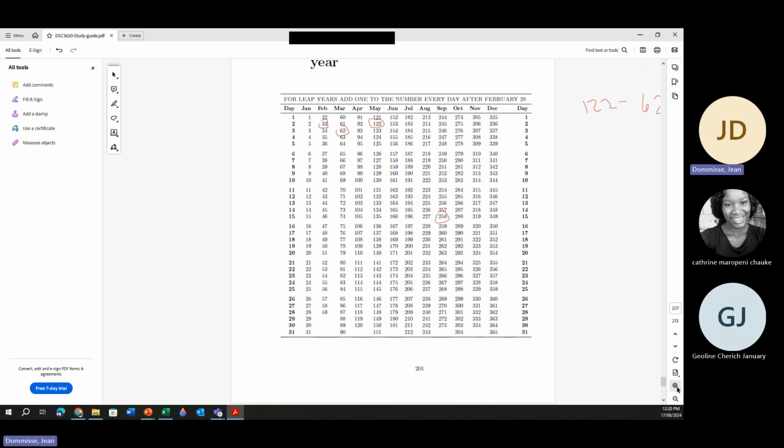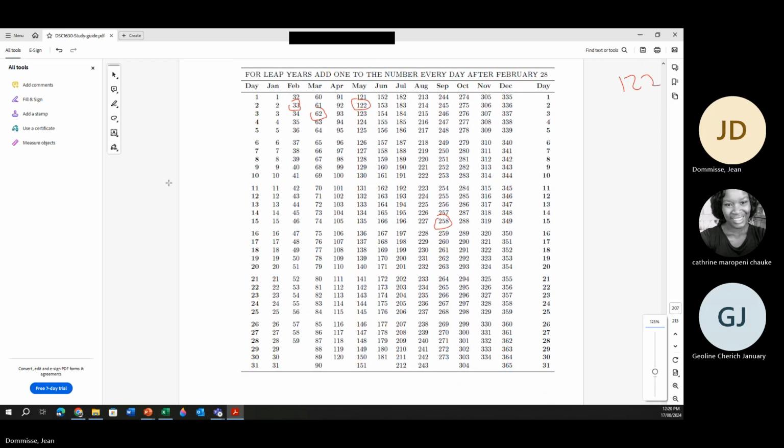Let's draw it so that we get it. That's also what I would do if I were using the study guide: use paper and write it down.